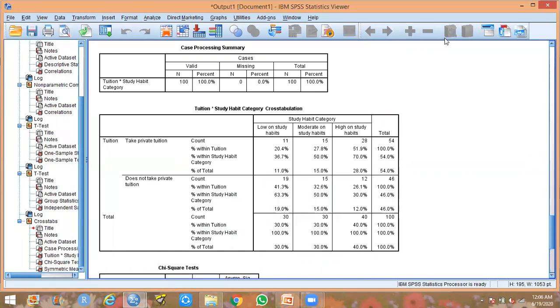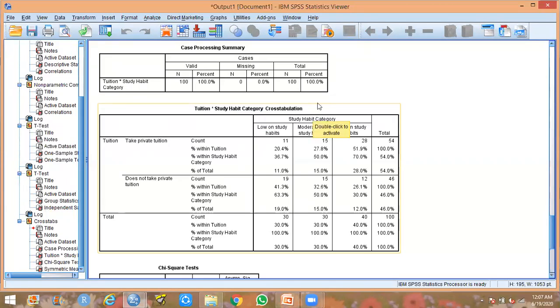Above is the case processing summary, nothing to worry about. This is the total strength. Valid percentage is 100. Is any observation missing or not? You can see there is no question of missing observations. Then come down, you can see the complete cross tabulation analysis of taking private tuition and the study habit category.